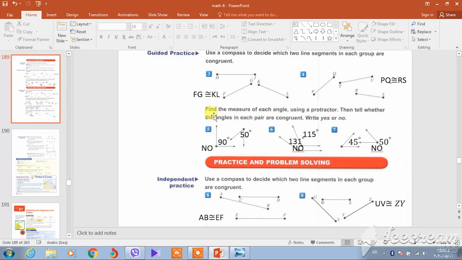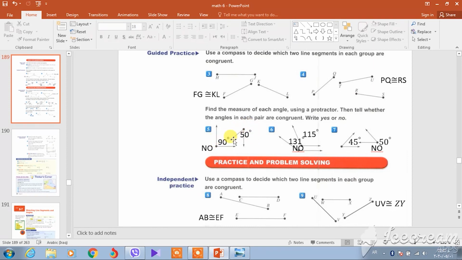And questions 5 to 7 say, find the measure of each angle using the protractor, then tell whether the angles in each pair are congruent, yes or no. Student, please use a protractor there. If you look, we have 90 because we have a right angle, and after we use a protractor we see this measure is 50 degrees.